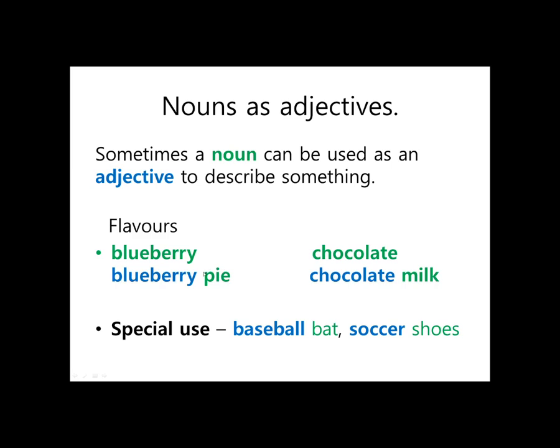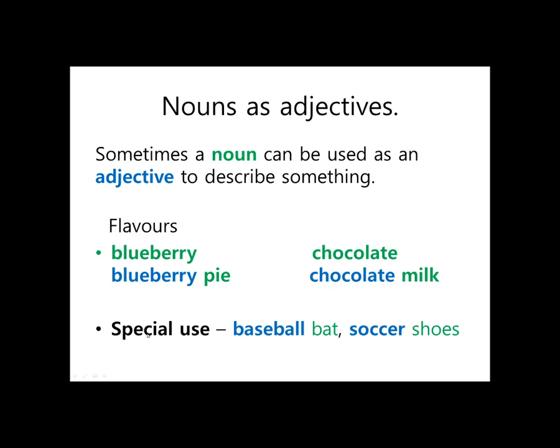So, we have pie. What kind of pie? It's blueberry pie. Okay, so we're using blueberry to describe the pie. It's this type of pie. Okay, chocolate is a noun, but we can say chocolate milk. So milk is the thing, and this is the type of milk, chocolate milk.